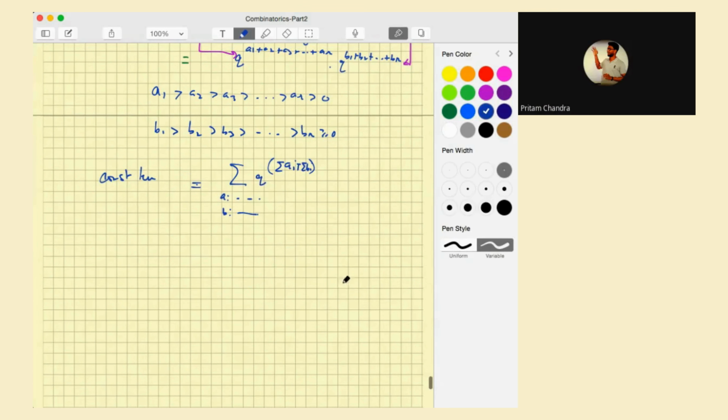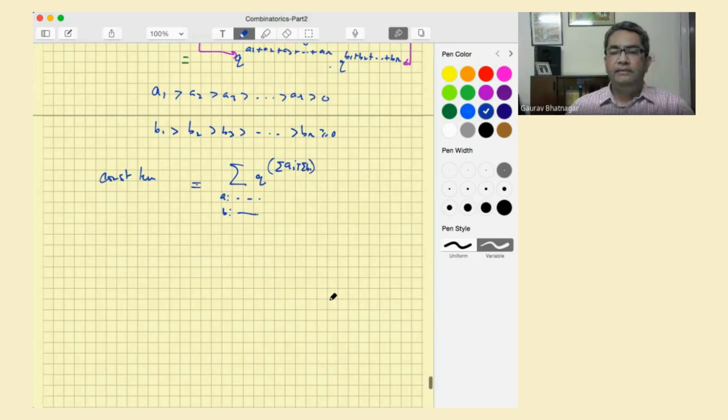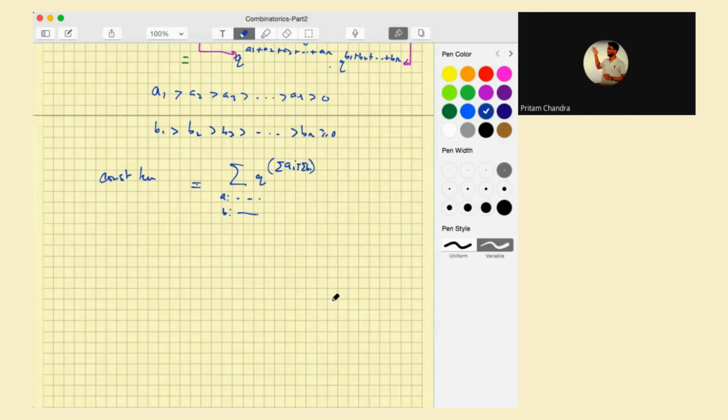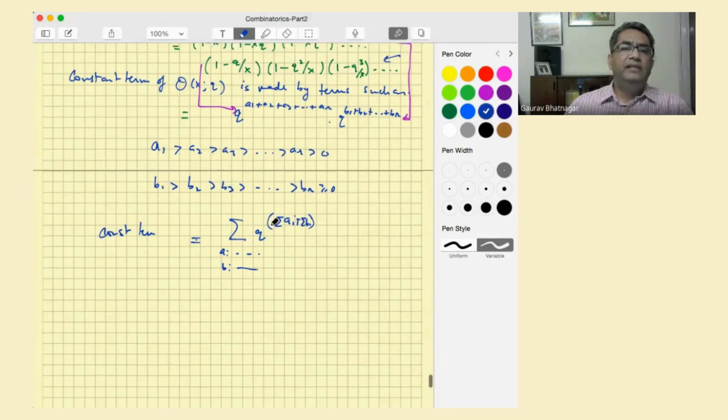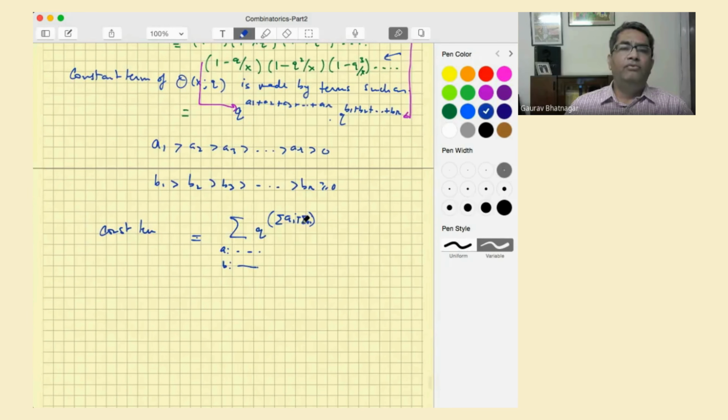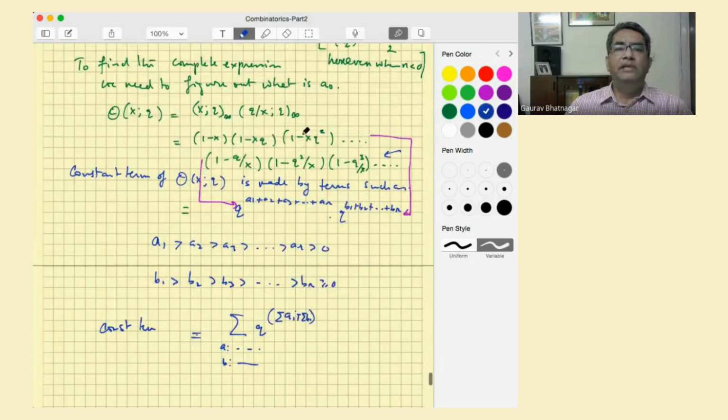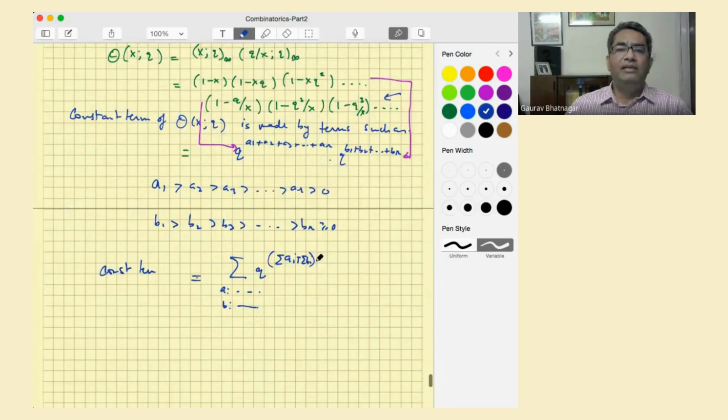Professor, shouldn't the sums be equal? No, the sums need not be equal. The number of r's has to be equal. I have to cancel the x's, not the q's.